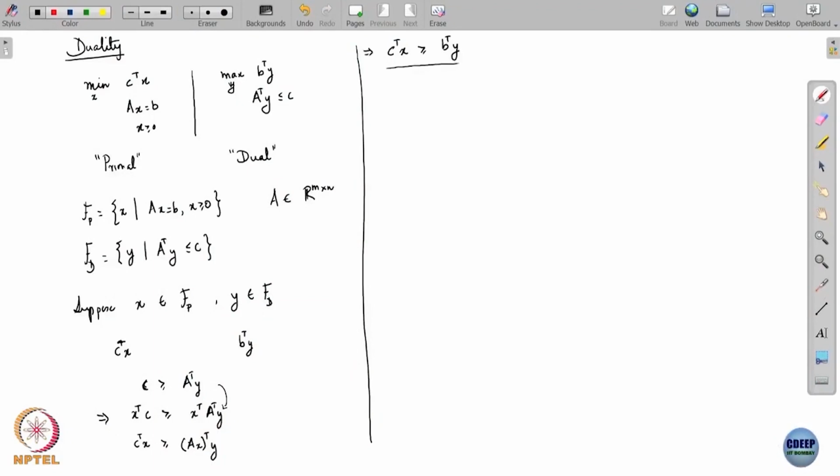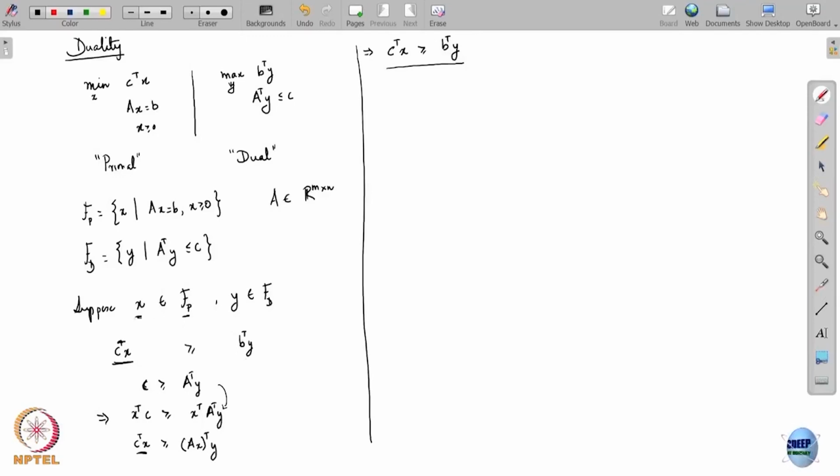Now, notice what has happened here. You started off with any point x in F P, and for that I was able to show that C transpose x is greater than or equal to B transpose y.